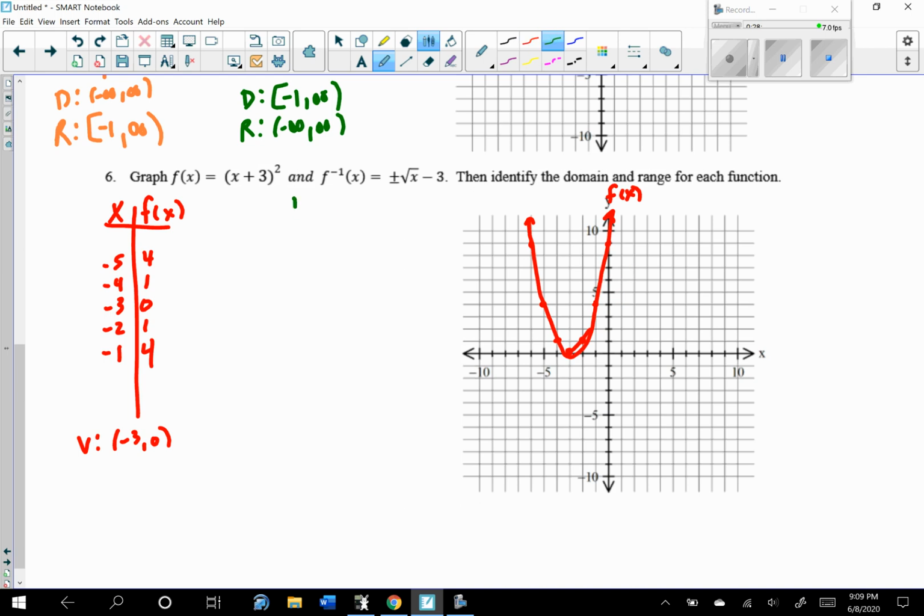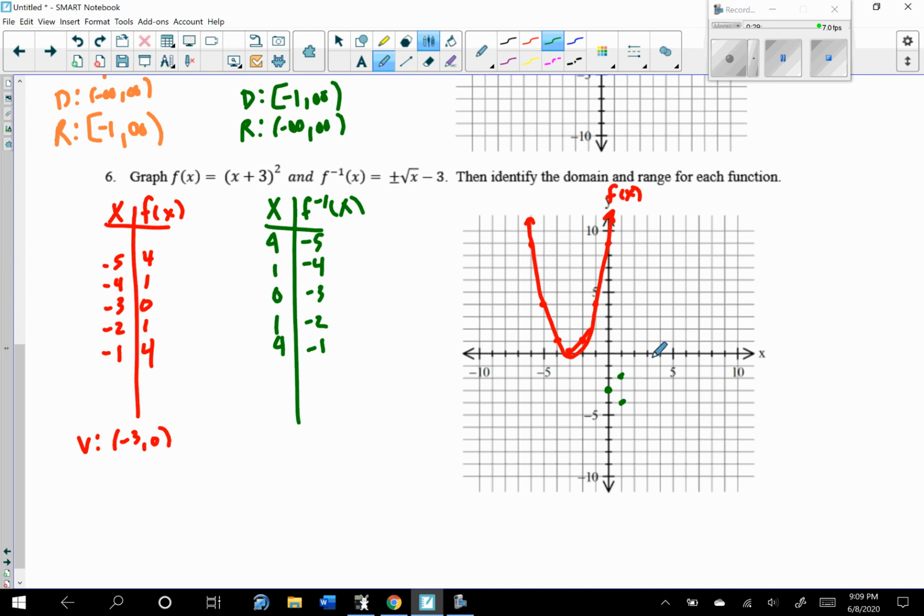Then, of course, for the inverse, we take these values and those become our x's. And the x values become our y values. And we can go ahead and graph. So on my graph, I have 0, -1, 2, 3. 1, -4, and 1, -2.